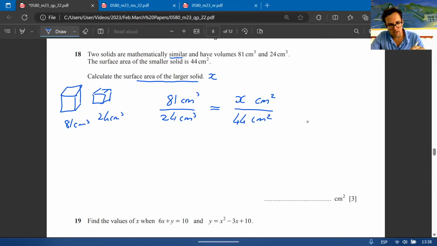Okay, if you got a cuboid that is 1 centimeter by 1 centimeter by 1 centimeter, and you got a cuboid that is 2 centimeters by 2 centimeters by 2 centimeters, the linear scale factor, okay, to get from there to there is of course 2.